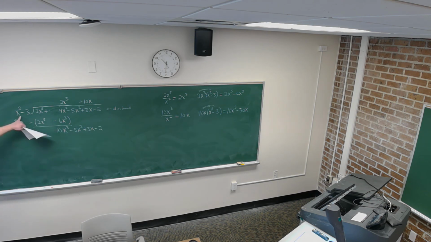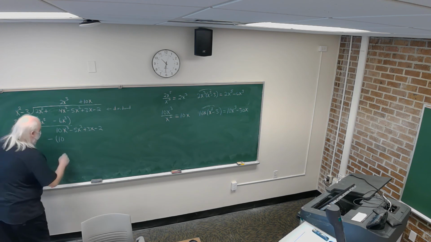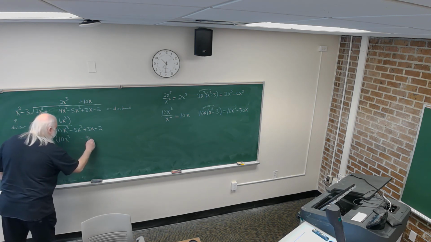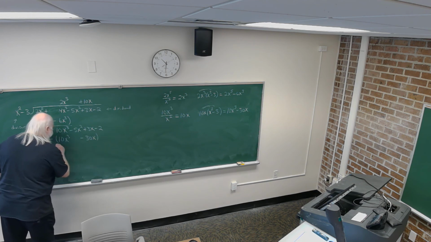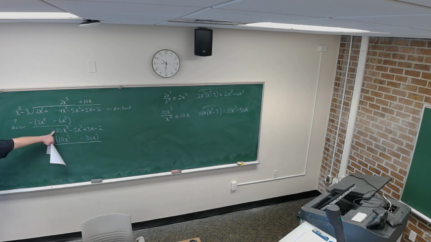So 10x times x squared minus 3 is equal to 10x cubed minus 30x. And we're subtracting that from this third degree polynomial.